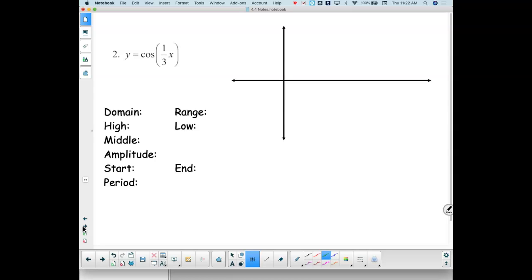Try that one once. Sketch the graph of the cosine of 1/3 x.